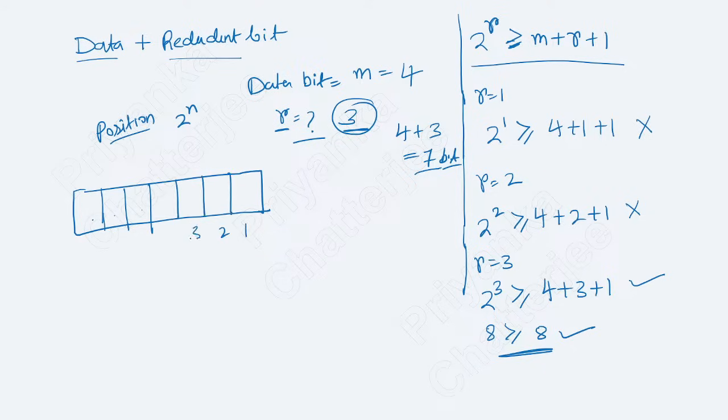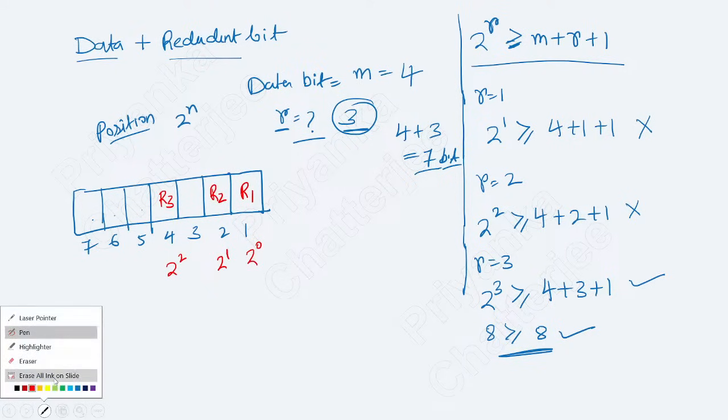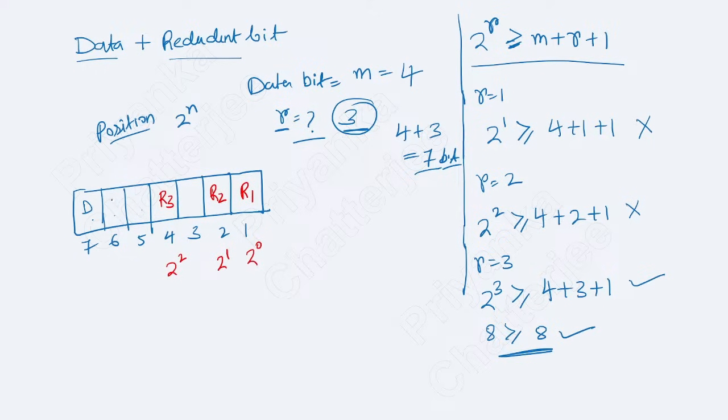Redundant bits go in the power-of-2 positions, 1, 2 and 4, so redundant 1, redundant 2 and redundant 3 go there. The remaining positions are my data bits. This is the way you have to put it.